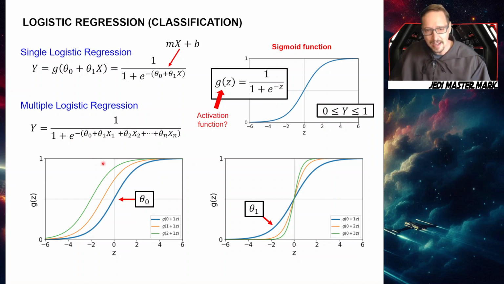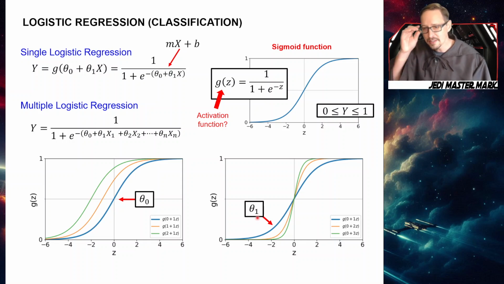So what do each of these terms actually do? Theta naught, if you look down below, when you go from 0 to 1 to 2, it's actually shifting the whole curve. So this intercept term from linear regression, when put into the sigmoid function, is going to shift the whole curve left or right.